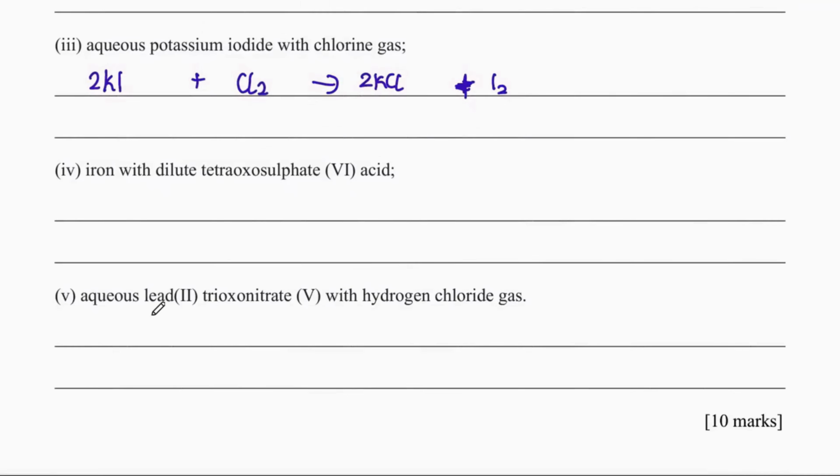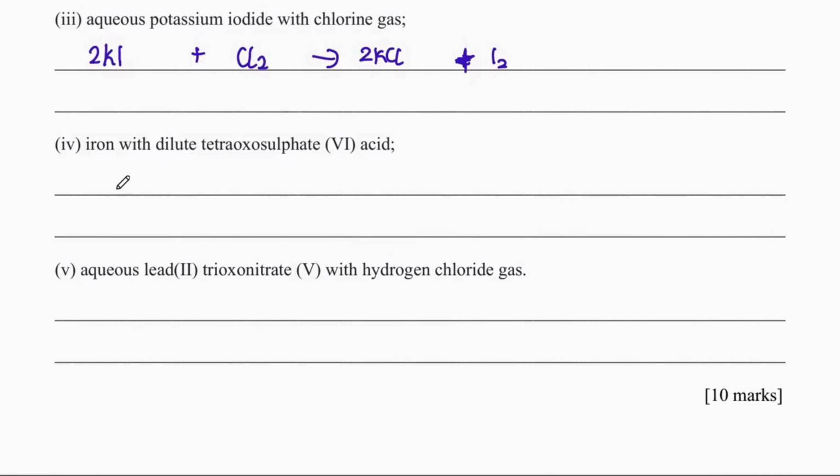Now the next question is iron with dilute tetraoxosulfate 6. So we'll have our Fe plus H2SO4 to give us our iron sulfate plus hydrogen. You can see this is a displacement process. Our iron is balanced, our hydrogen is balanced, and our SO4 is balanced, so we don't have to have any coefficient.